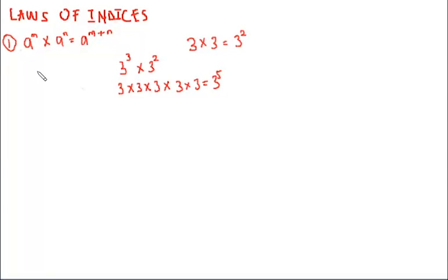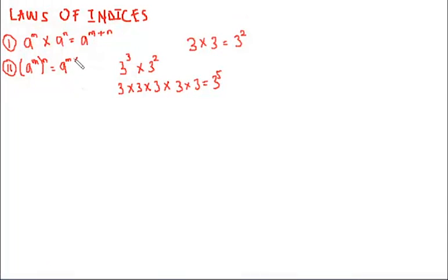So for the second law of indices, if I have a number, say I have A to the power of M, and I have an N that's powering it outside, this would mean A, and then the powers are going to multiply.